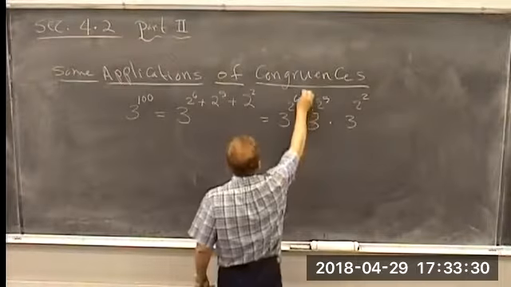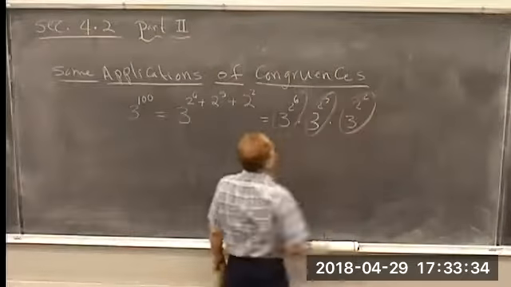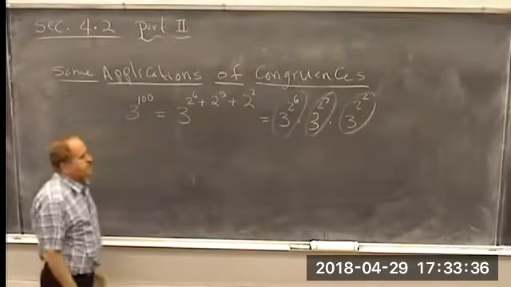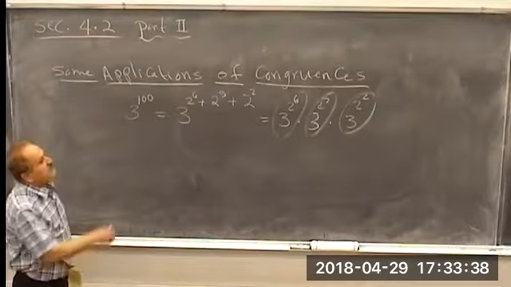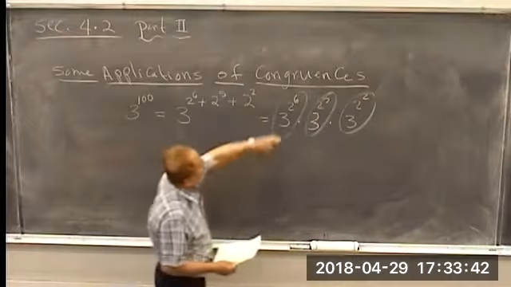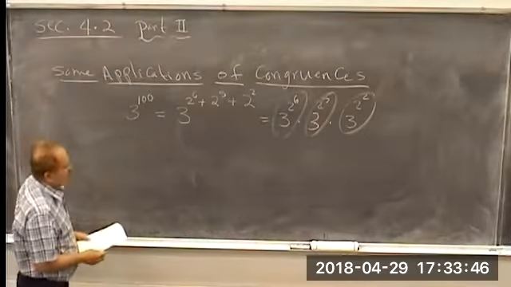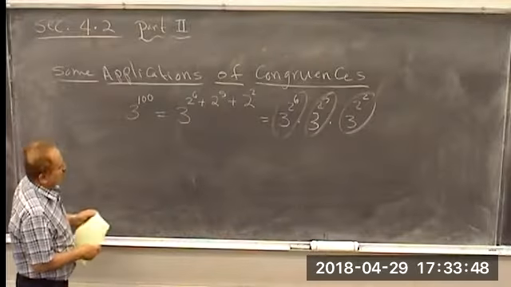So if I can find each one of these, by calculating it and reducing mod 101, then we can multiply them at the end and get the remainder.